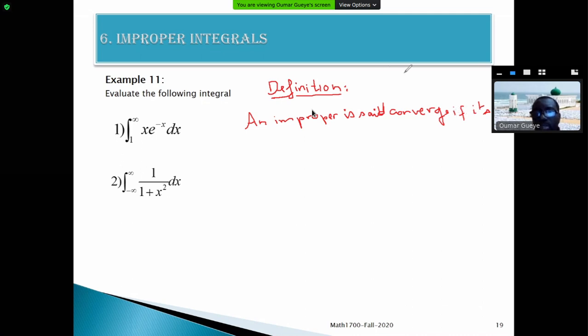So an improper integral is said to be convergent if its value is a real number.